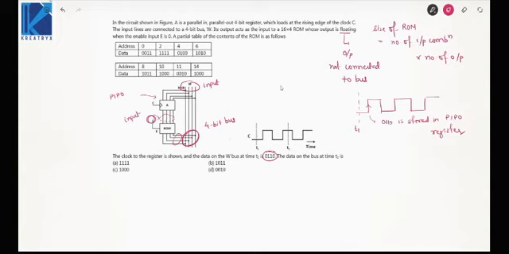Now the output of the register is working as the input to the ROM. What I mean to say is, the input to the ROM is actually the address.